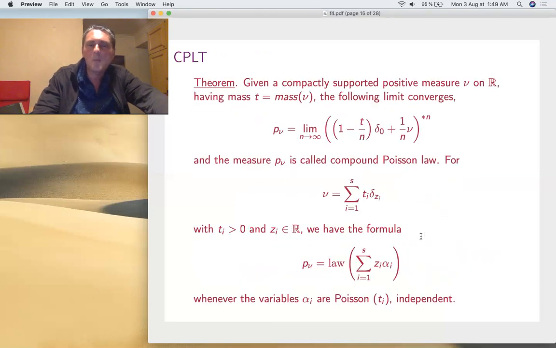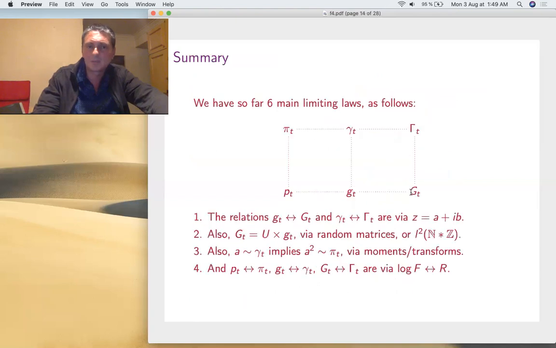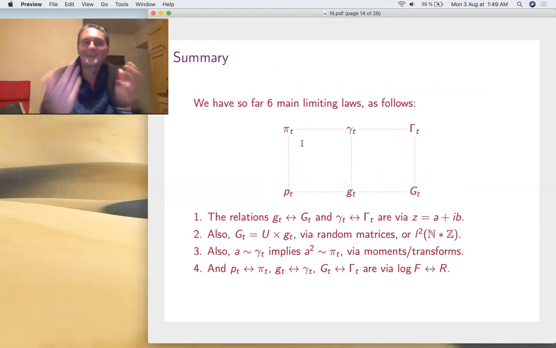Now, let's develop some more theory. So, the compound Poisson limiting theorem. We generalize the Poisson limiting theorem. You see the problem here, we want to extend a bit this discrete part. So here I have a square, and the idea would be to complete it so as to have a cube finally.